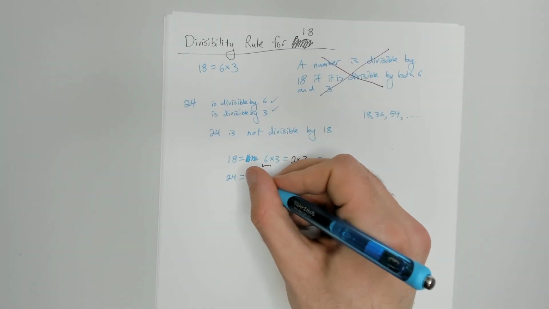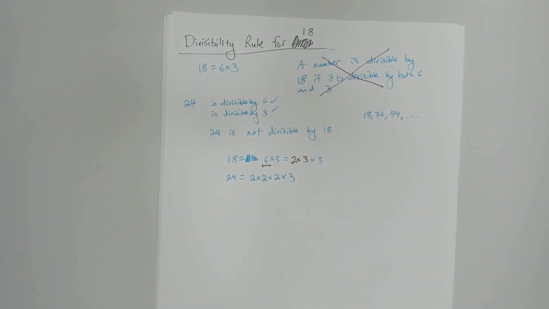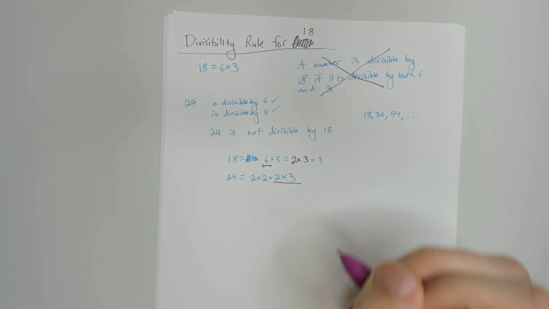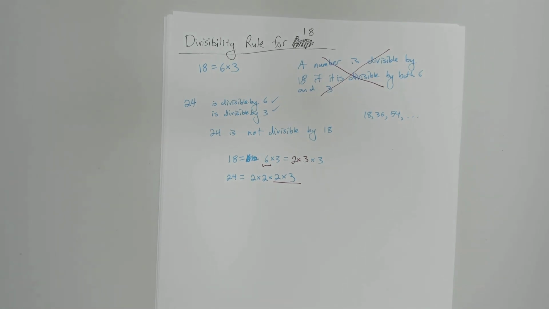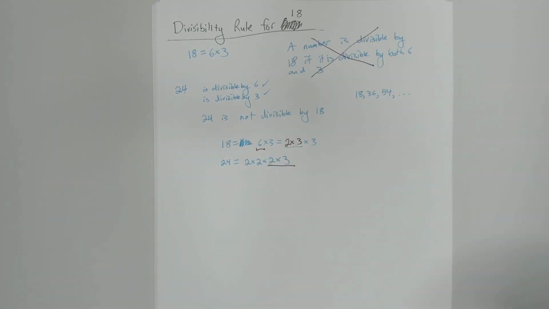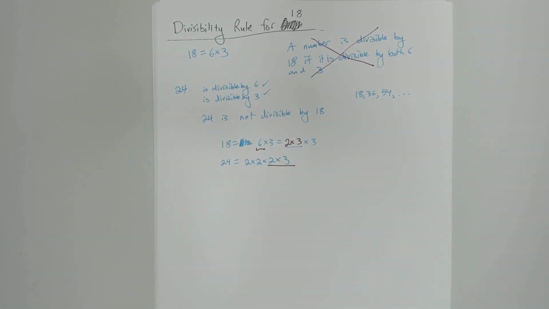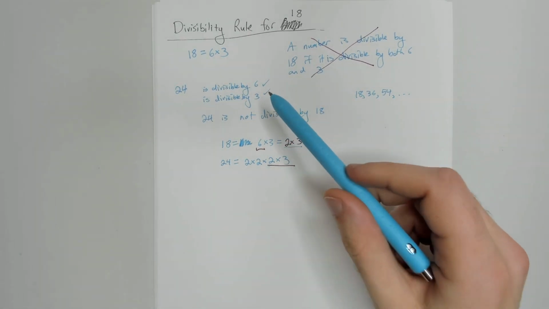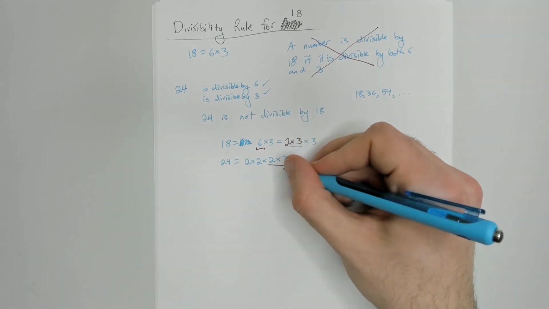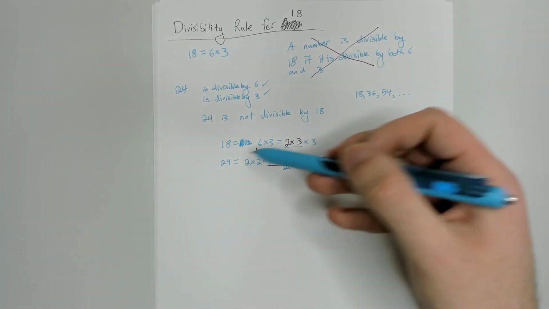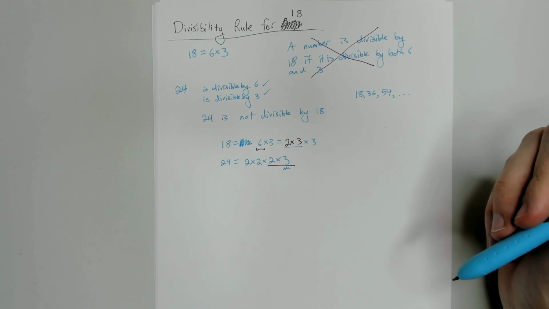Alright, so we see that 24 has 2 times 3 in its prime factorization, which means it was divisible by 6, right? And that followed from 6's divisibility rule that it was divisible by both 2 and by 3. But then when we go to check if it's divisible by 3, we do see, yeah, it's divisible by 3 because, well, 3 is, of course, in 24's prime factorization.